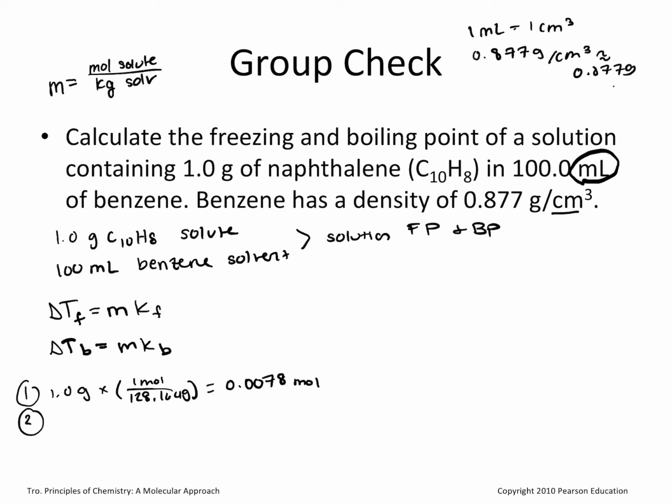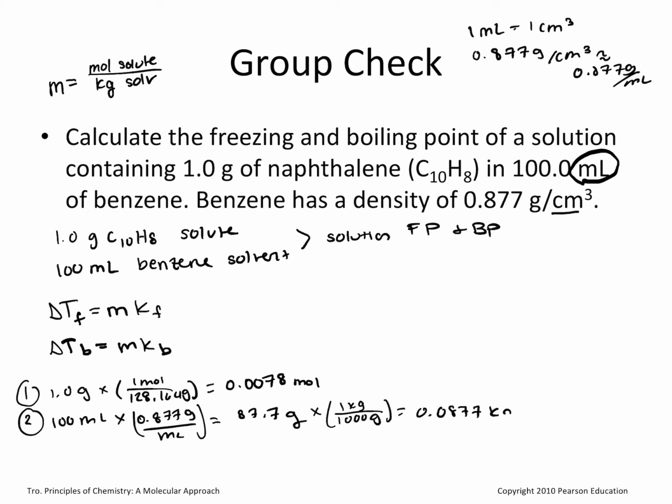Well, 1 milliliter is equal to 1 centimeter cubed, so 0.877 grams per centimeter cubed is equivalent to 0.877 grams per milliliter. If I take my 100 milliliters and multiply by my density, I get 87.7 grams. However, for molality I want kilograms, so I have to divide by 1,000.